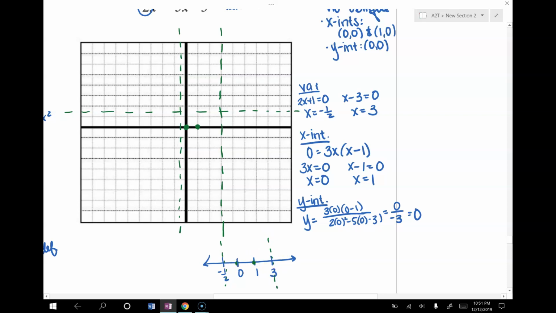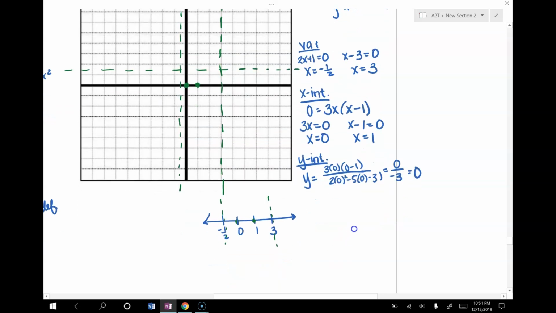I don't want you guys to find exact points. I want you to find the characteristics, sketch those, and then analyze what the graph is doing in each of the various regions. Okay, here we go. So the first one, to the left of -1/2, let's go ahead and use -1.